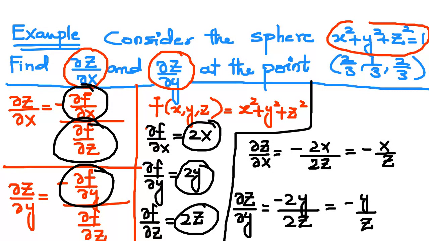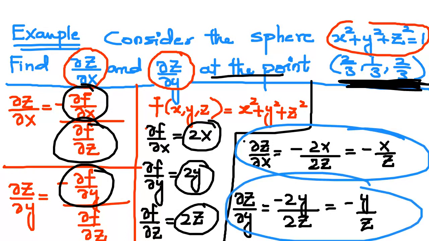Now the point at which you have to find the partial derivative is given. These are the values you calculated with respect to x and with respect to y. Now you have to substitute this point in the partial derivatives.